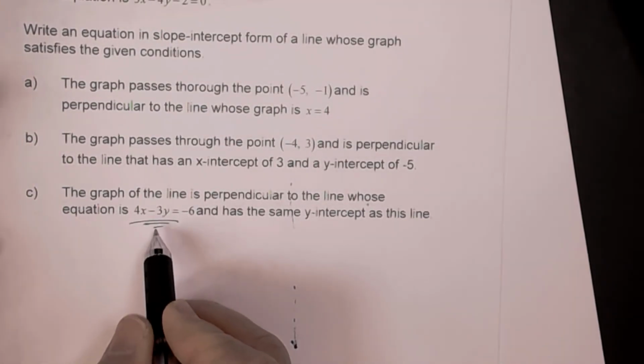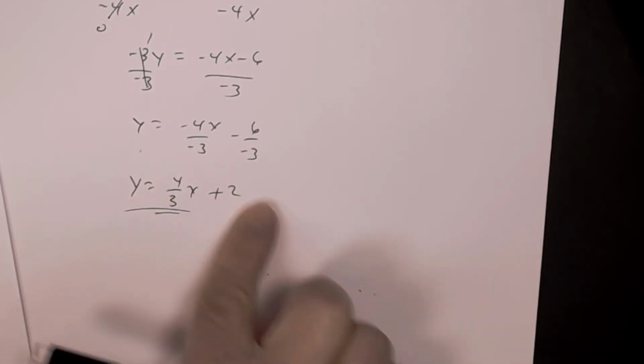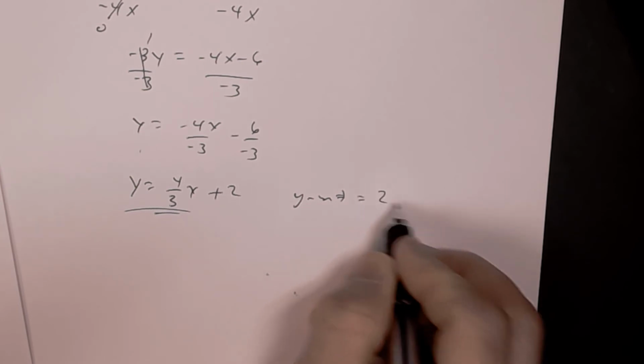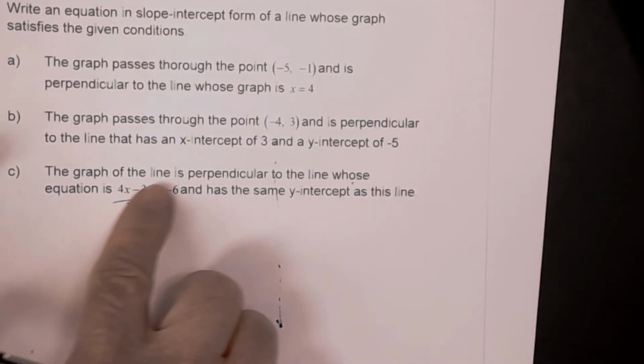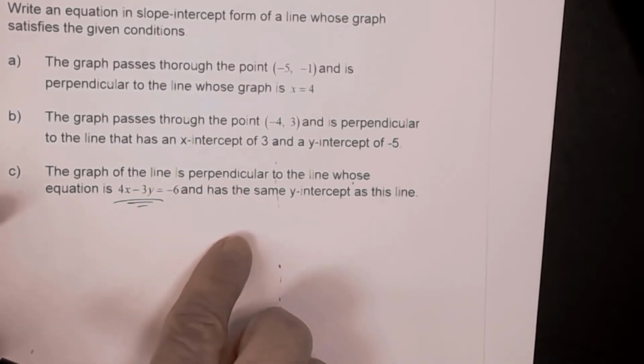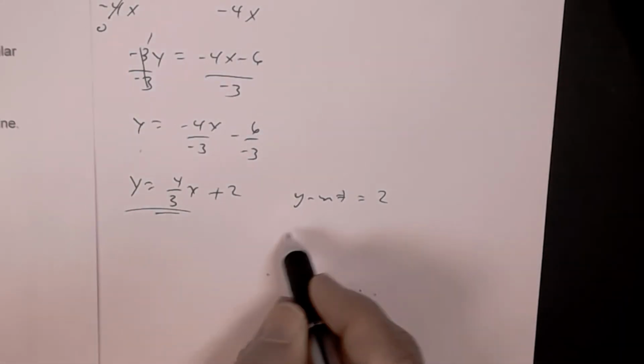Now listen carefully. What is the y-intercept of this line? The y-intercept is 2. So what they're saying is that the equation you're interested in also has the same y-intercept. Now, what's the slope of this line?